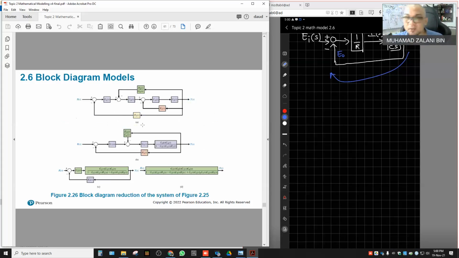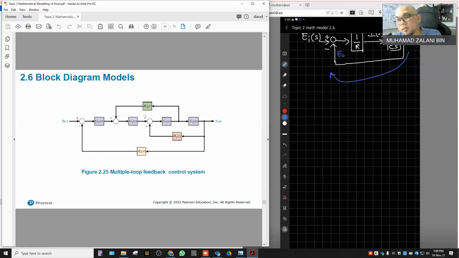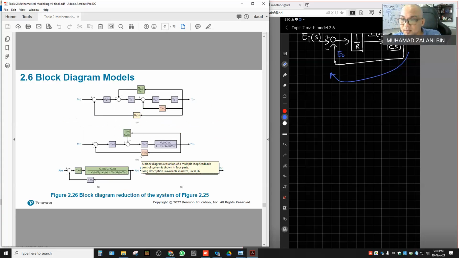Do your self-study on how to do the block diagram reduction based on a system with multiple blocks like this, until a system with a single block with input and output, and what is inside the single block is the transfer function, which looks like a more complicated transfer function.